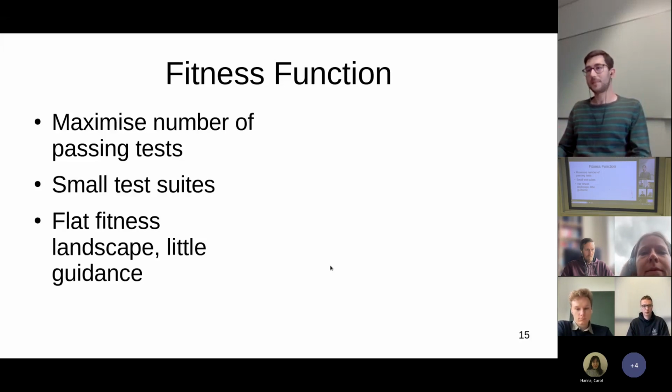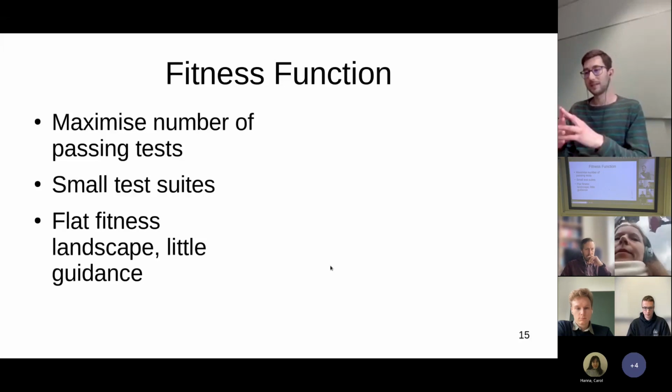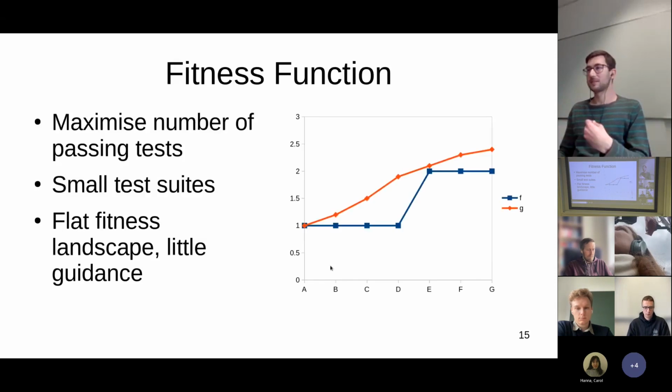For example, the test suites for Scratch programs usually tend to be rather small because Scratch projects are rather small. I mean, those are programs written by beginners, and beginners typically tend to write less code or build smaller programs than experienced programmers. And small test suites are a big challenge because they induce flat fitness landscapes, which provide little guidance to the search.